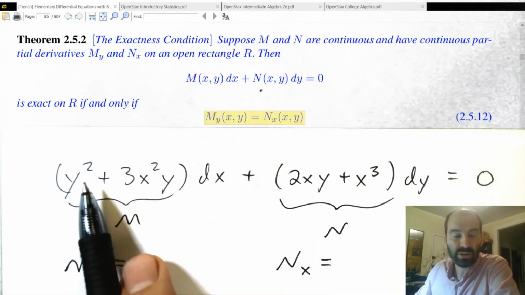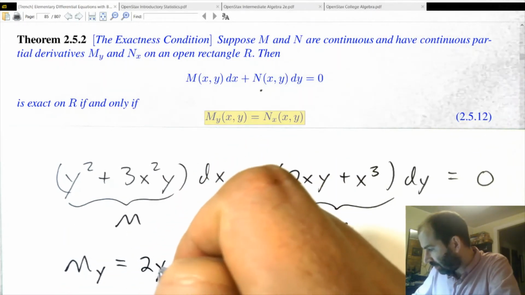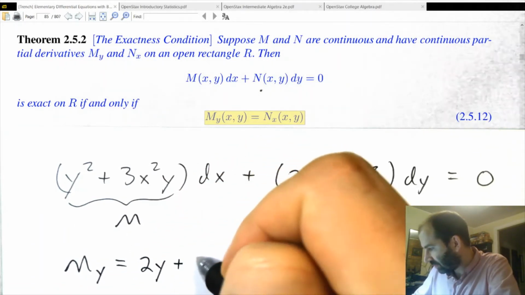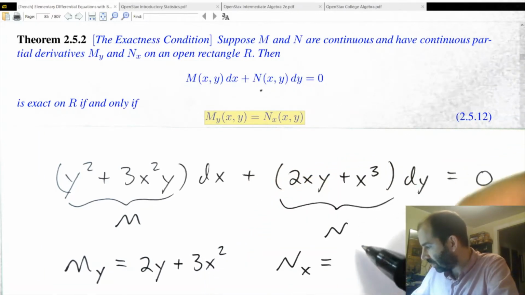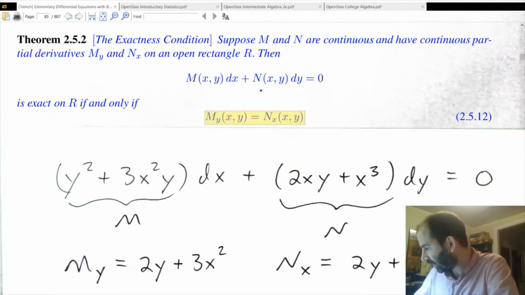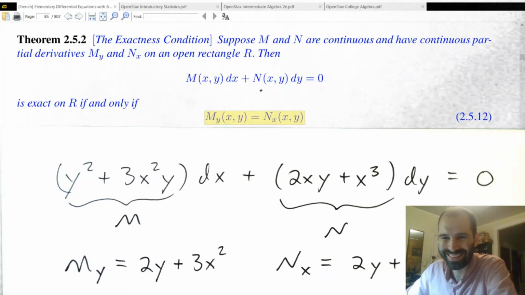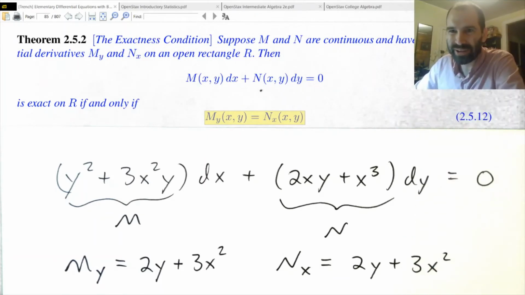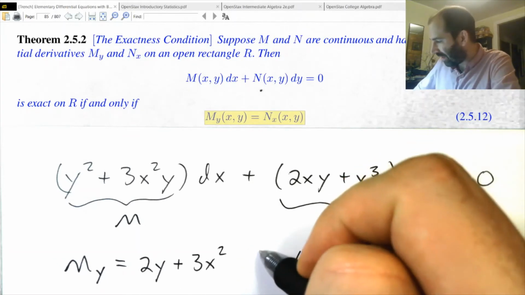So what do I get? I get 2y plus 3x squared. And what do we get here? We get 2y plus 3x squared. Wow, they are equal, right? They are the same.